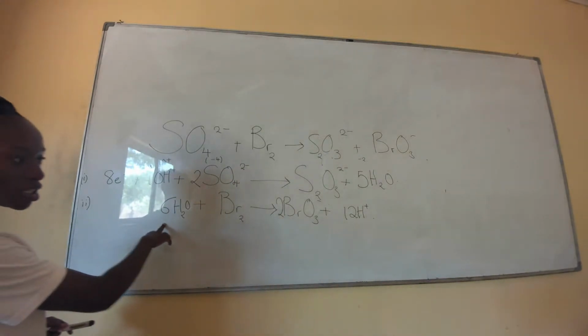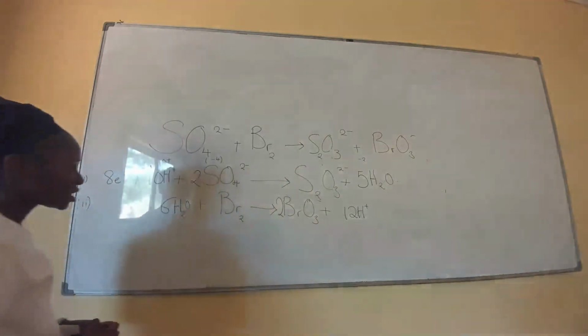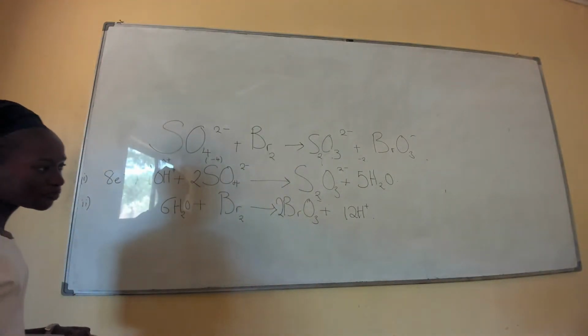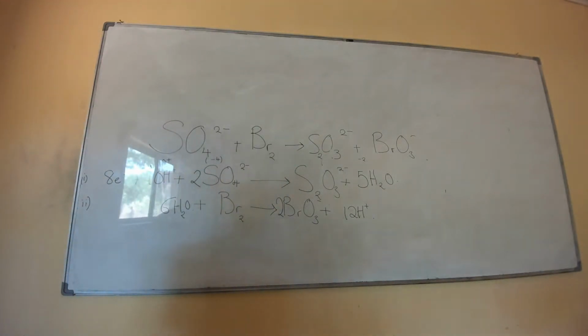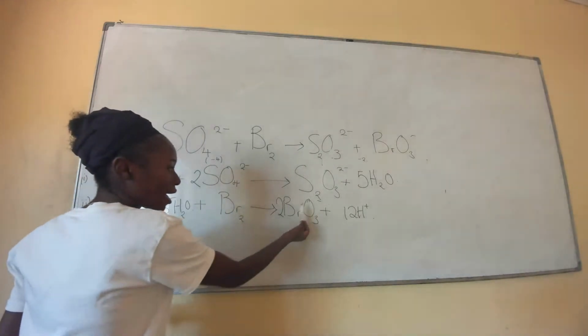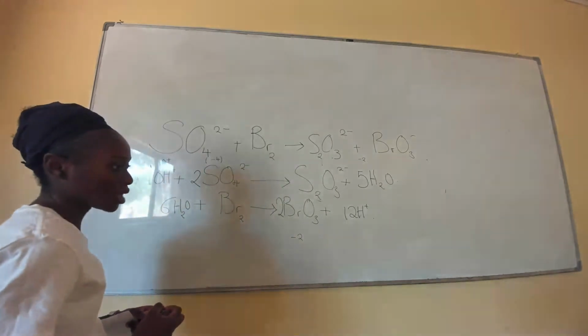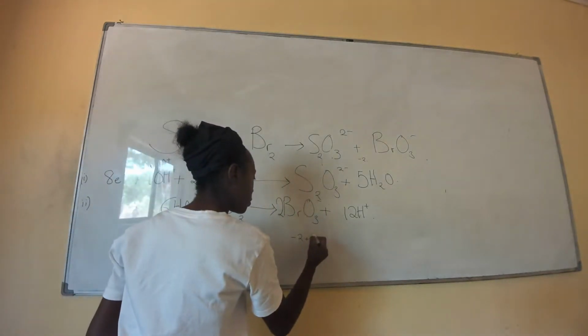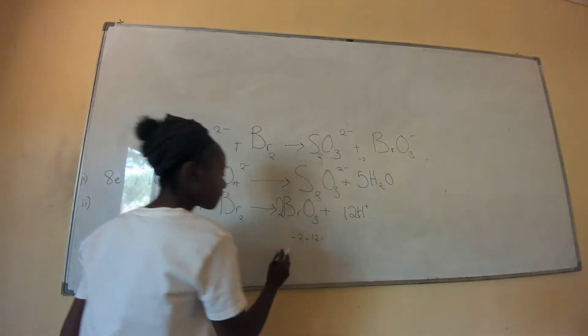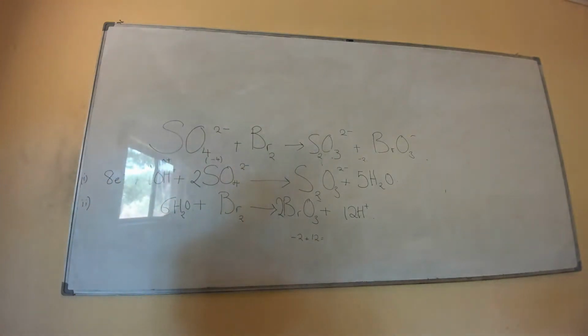So the hydrogen is now balanced. This is the point where we now introduce the charges. So here we have negative 2, and then we also have a positive 12.